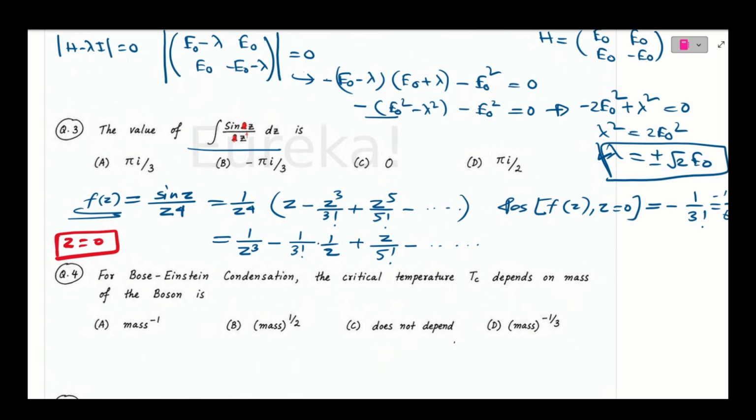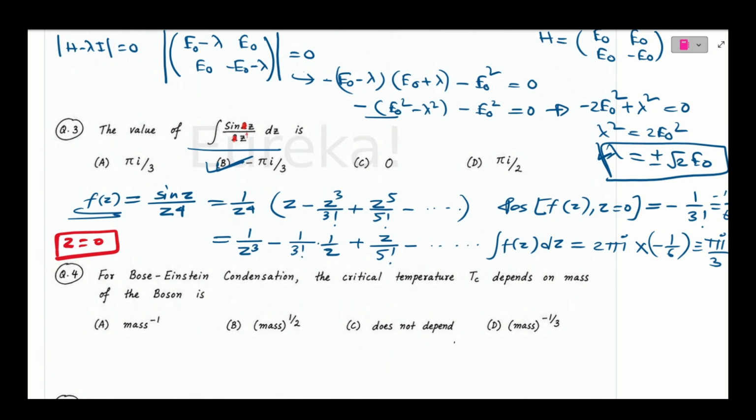So according to the residue theorem, what will be the integral of this function? The integral of sin z by z to the power 4 dz is twice pi iota into residue. The residue is minus 1 by 6, so it gives minus pi iota by 3. So the answer will be option B.